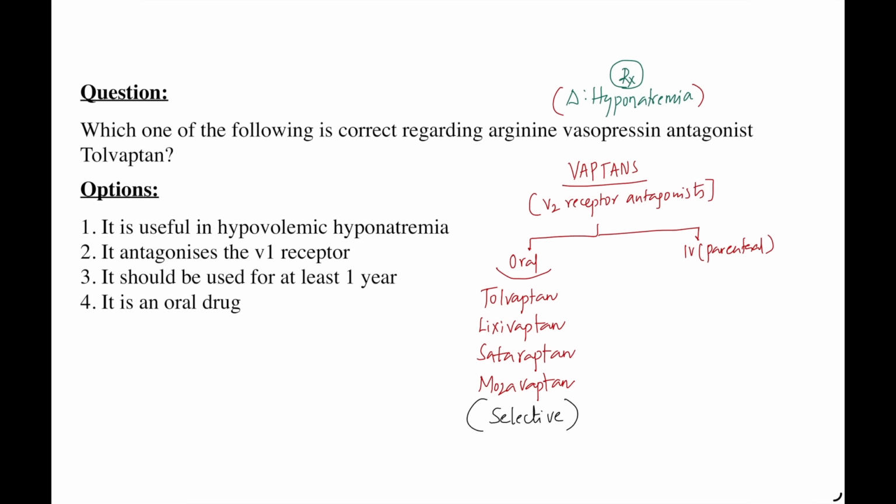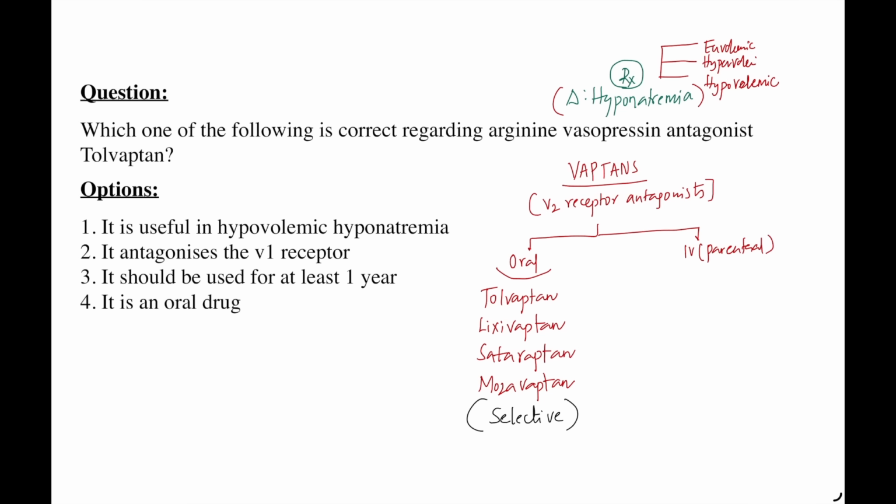Within hyponatremia, we have three types: euvolemic, hypervolemic, and hypovolemic. For UPSC CMS, electrolyte disturbance questions are very common. What we are trying to understand now is the concept of vaptans, which are V2 receptor antagonists.